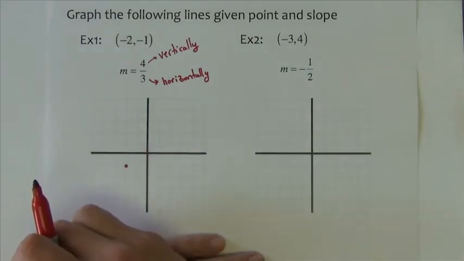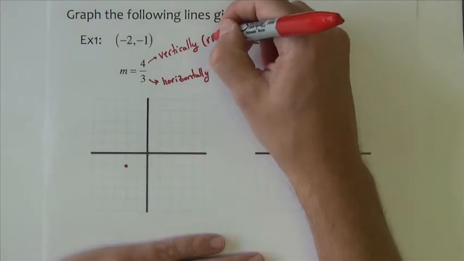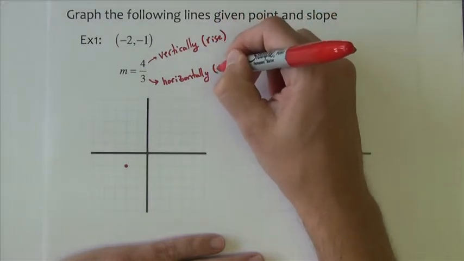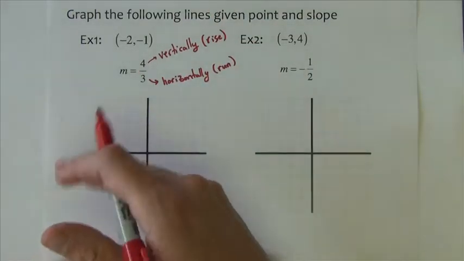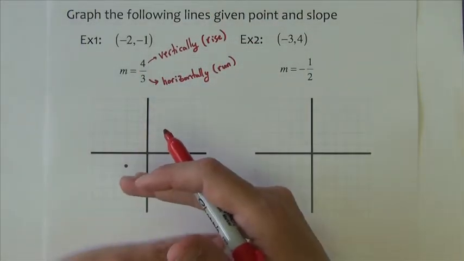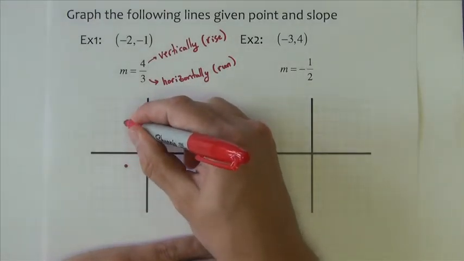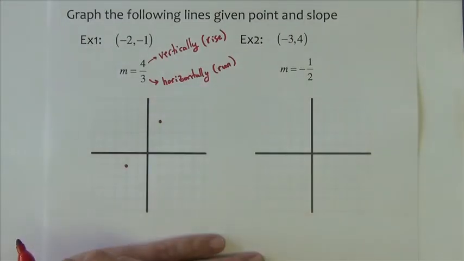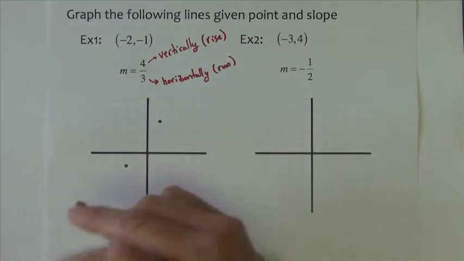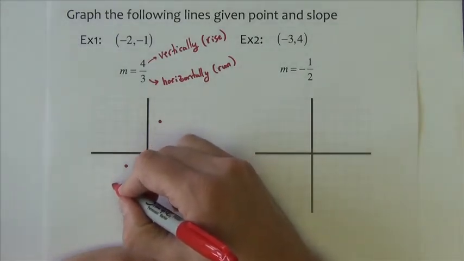Think of it as rise and run: how much you go up and down, how much you go left and right. To get to the next point, I'm going to go up 4, 1, 2, 3, 4, to the right 3, 1, 2, 3, and there's a point. Between 2 points, we can connect with a line.